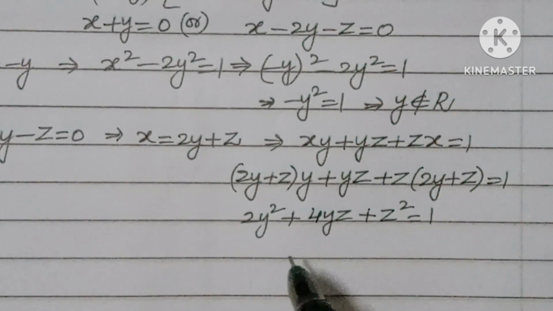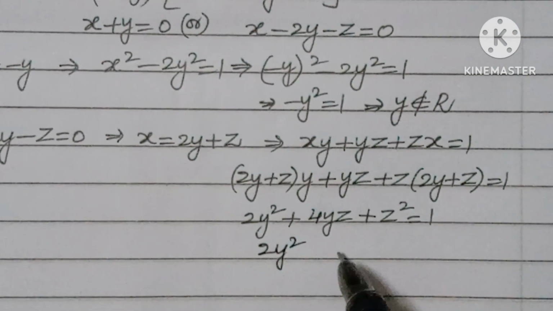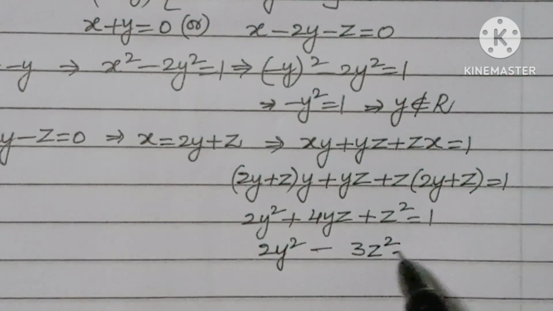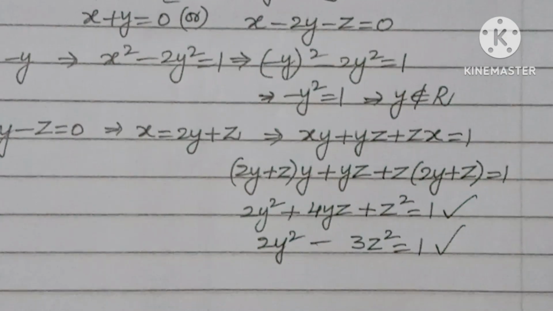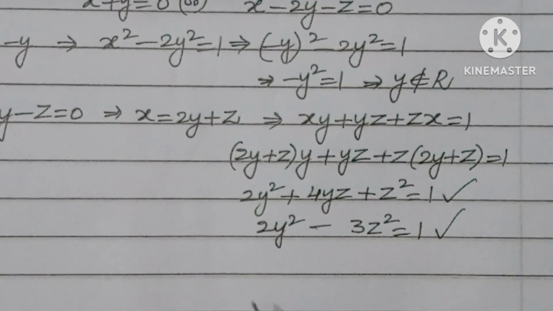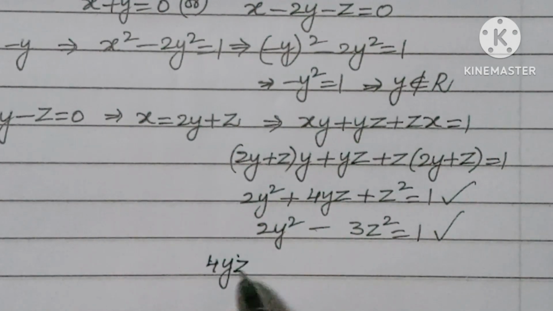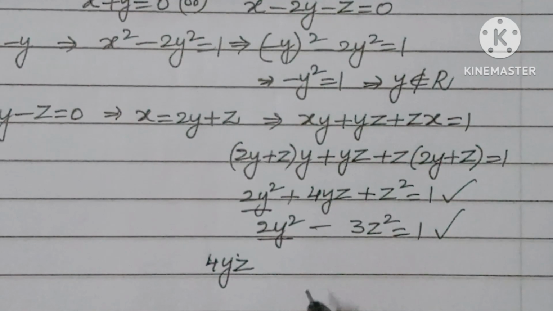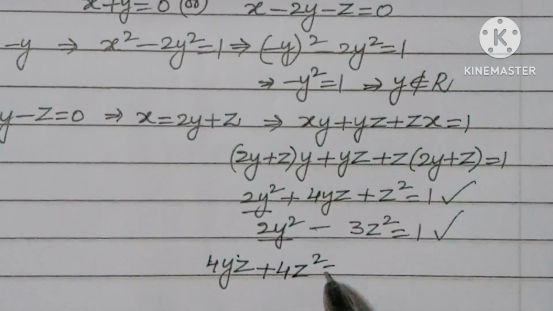Now if you take the second equation, 2y square minus 3z square equal to 1. Now solving these two, what will we get here? If you subtract, 2y square gets cancelled, 4yz plus 4z square equal to 0.